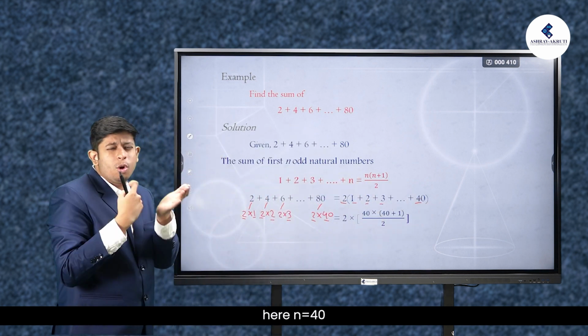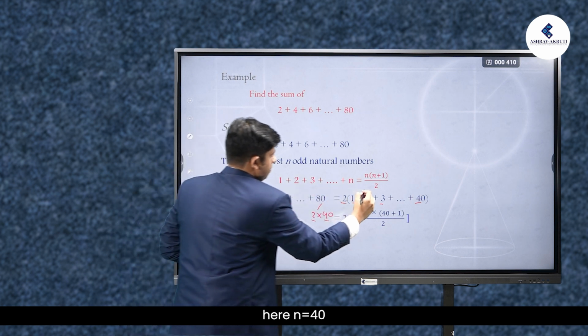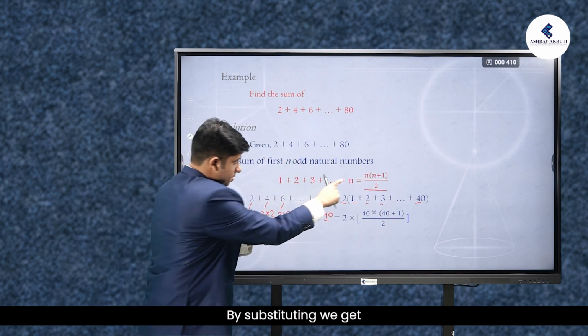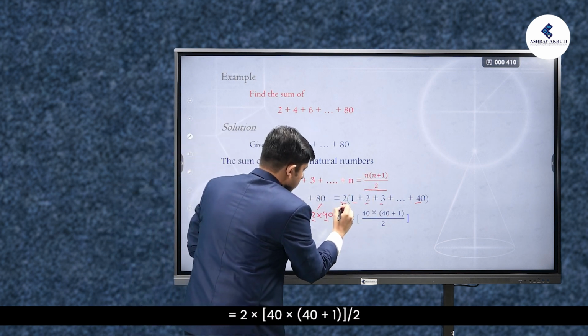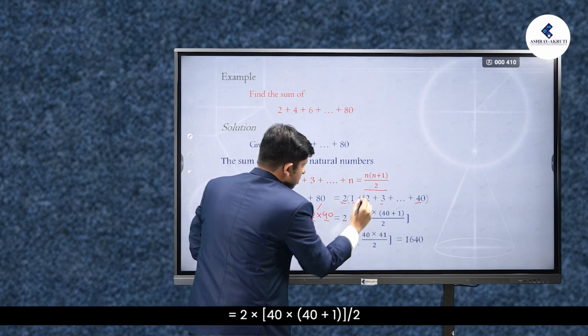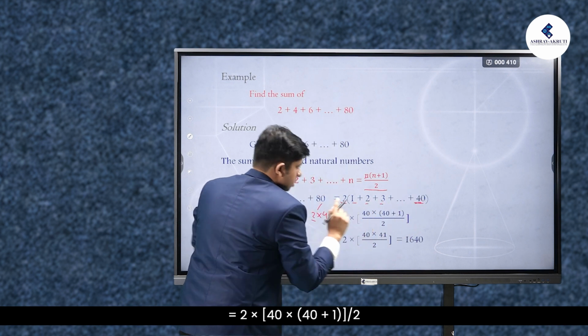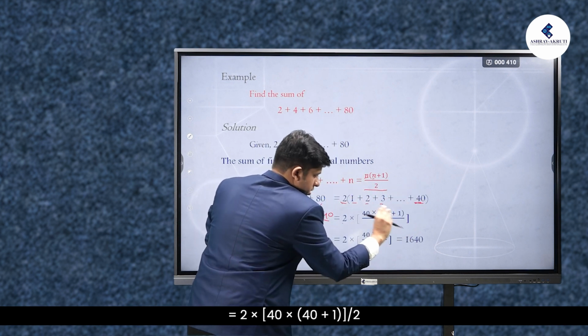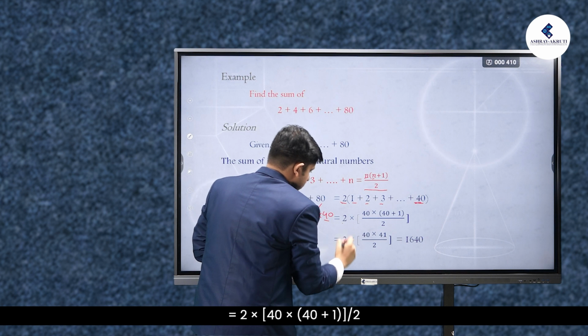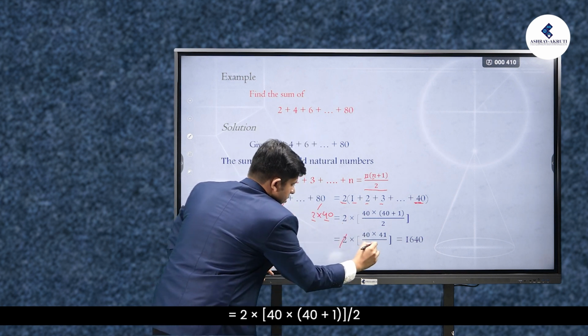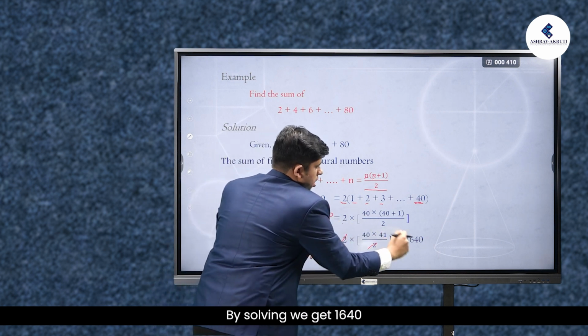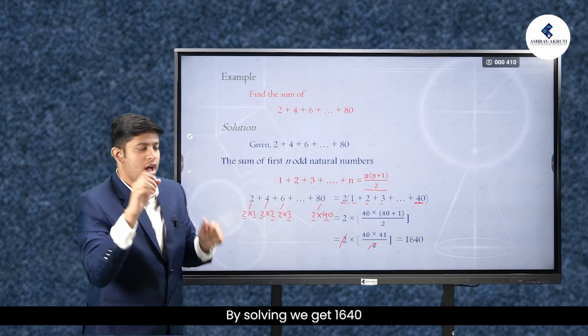Here n is equal to 40. By substituting, we get 2 into 40 into 40 plus 1 whole divided by 2. By solving, we get 1640.